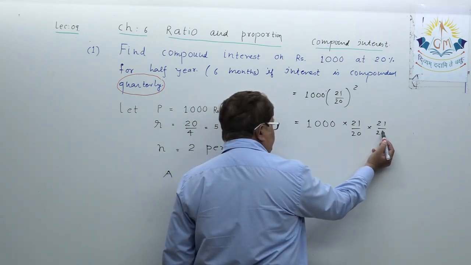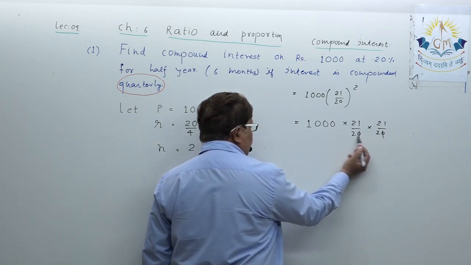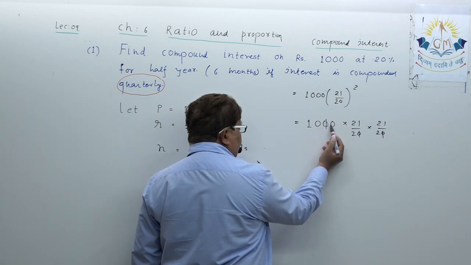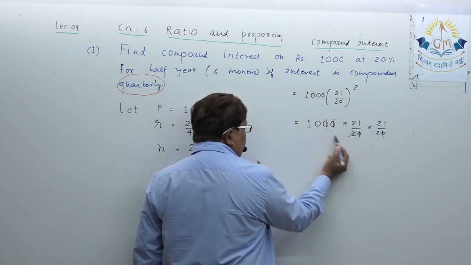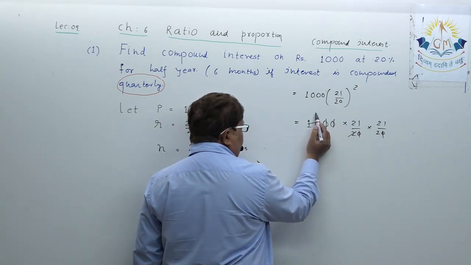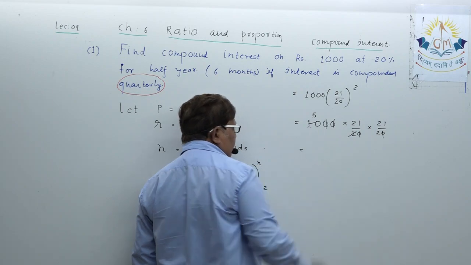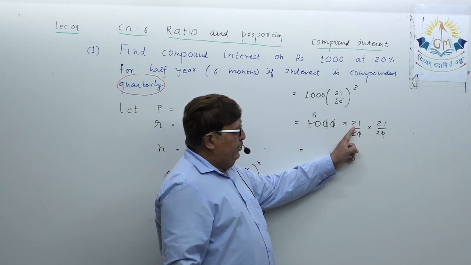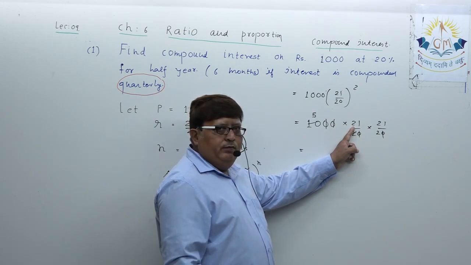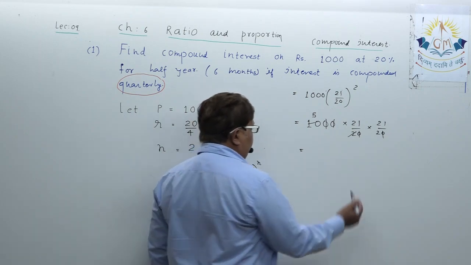And let us carry on further cancellation. 2 zeros are cancelled. Okay. 2 5s are 10. Further cancellation is not possible. 21 21s are 441 into 5.